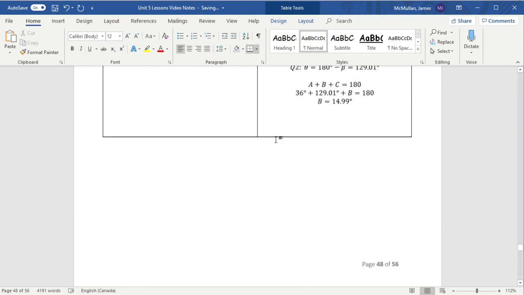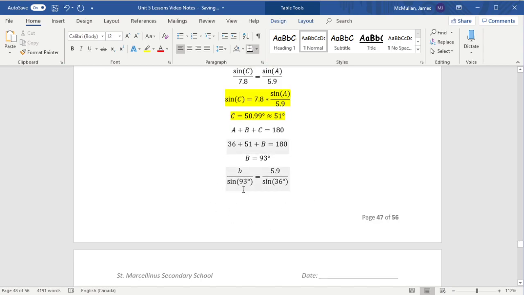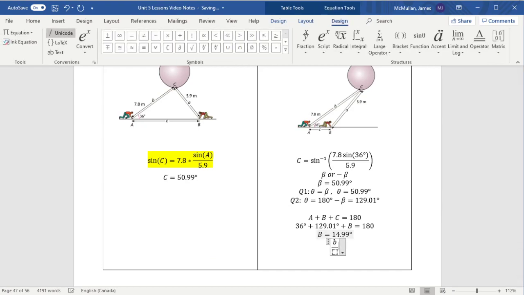From here, we used the sine law again. We said B over sine 93, so let's do the same thing: B over sine 14.99 is equal to A, which is 7.8 divided by sine 36.